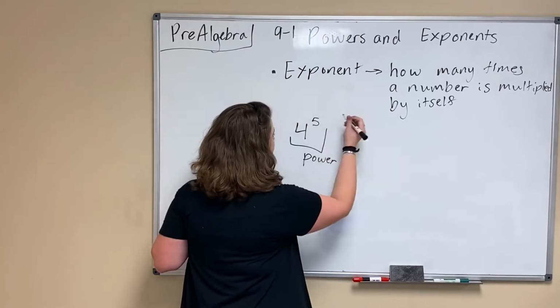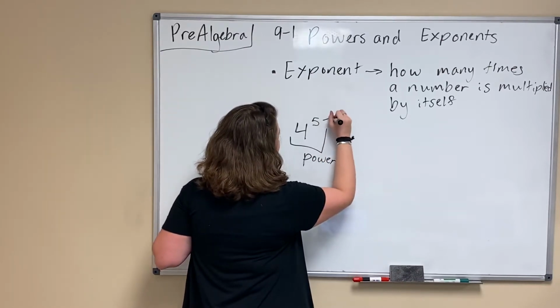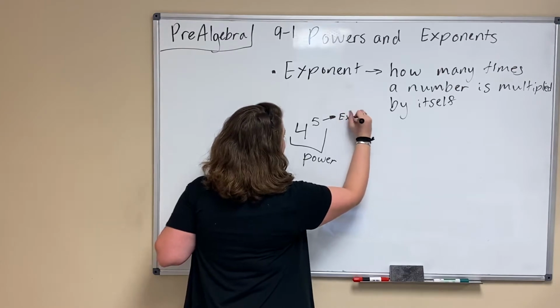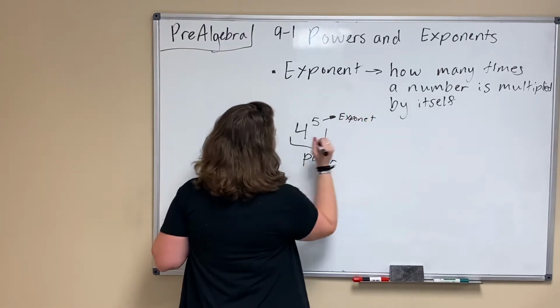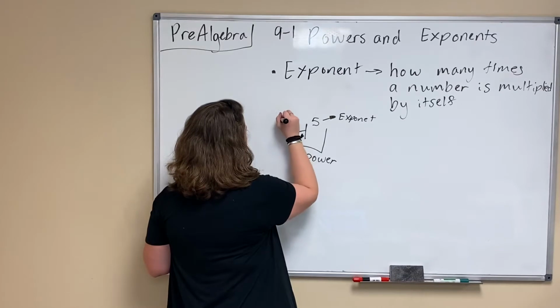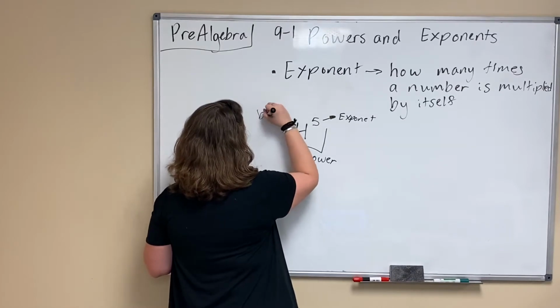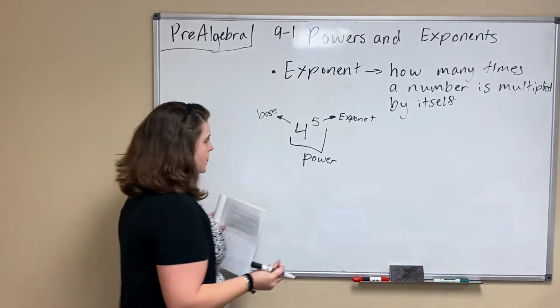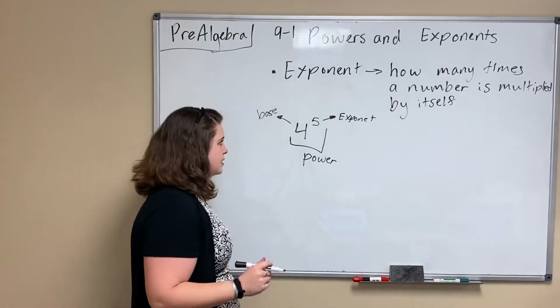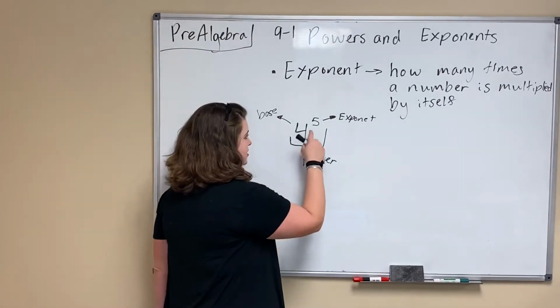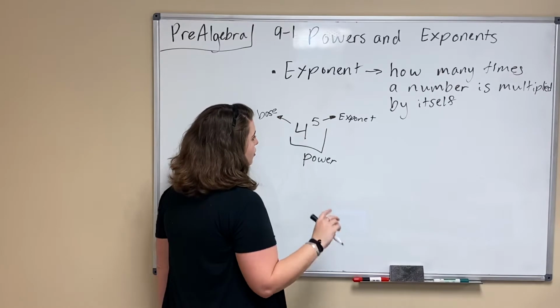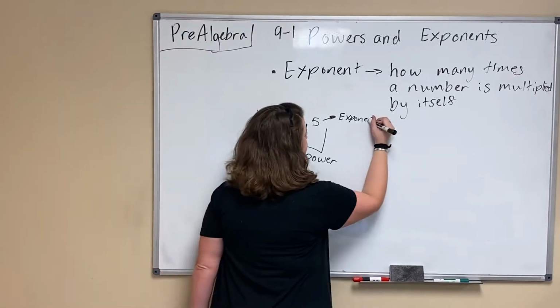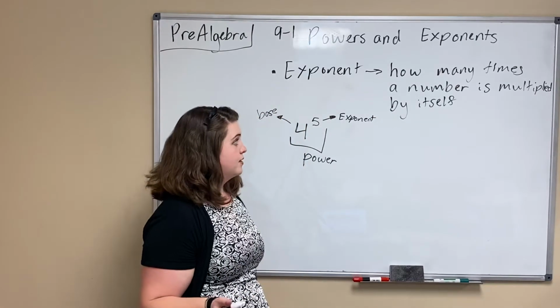The 5 up top is our exponent, and the 4 is our base number. And we read it 4 raised to the 5th power, or 4 with an exponent of 5.